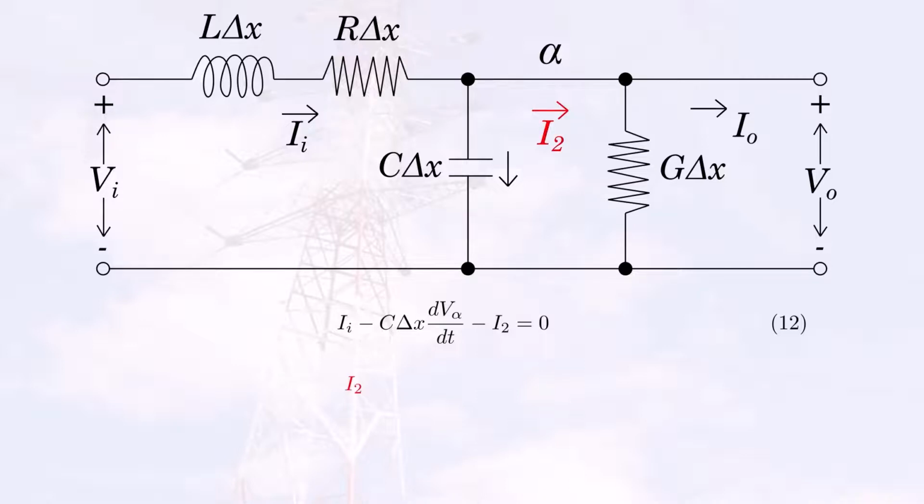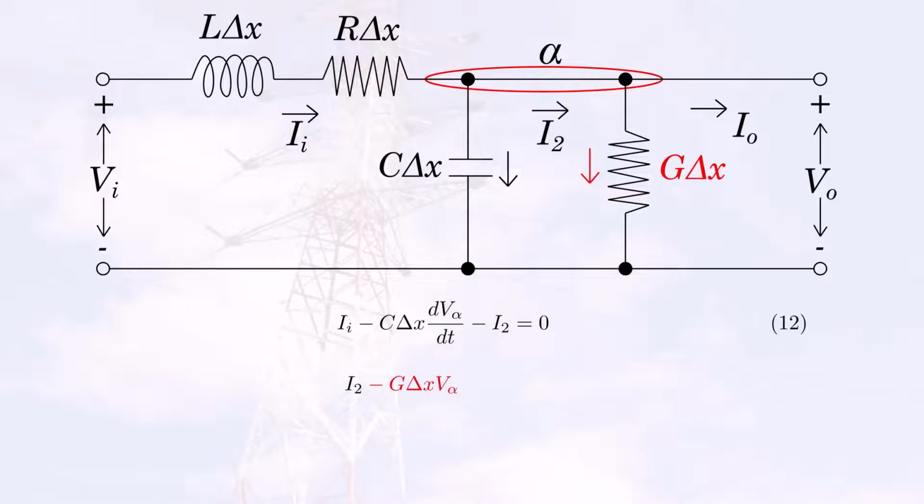And the next step, we will do the same with the next part of the same node. In reality it's the same node, but I'm just separating this for the sake of clarity. So we will have here an input current I2, and the outgoing currents will be G delta X times VA.